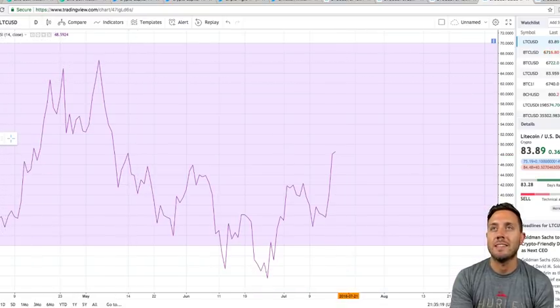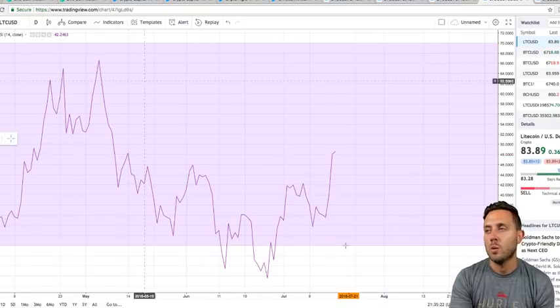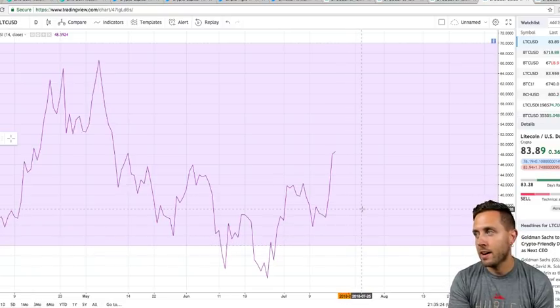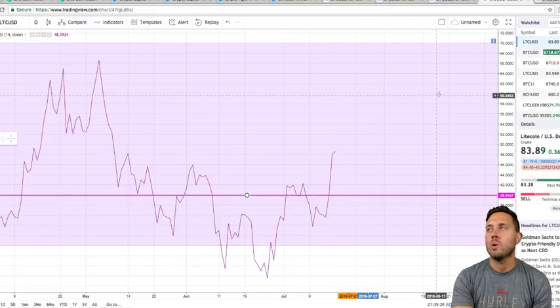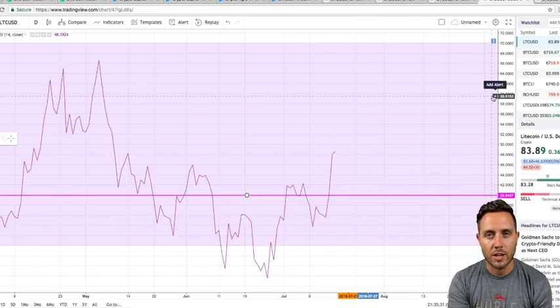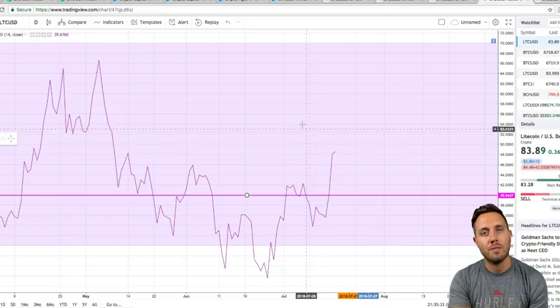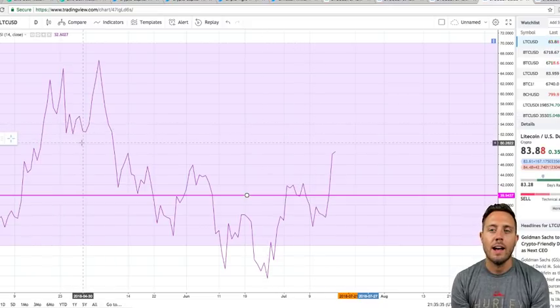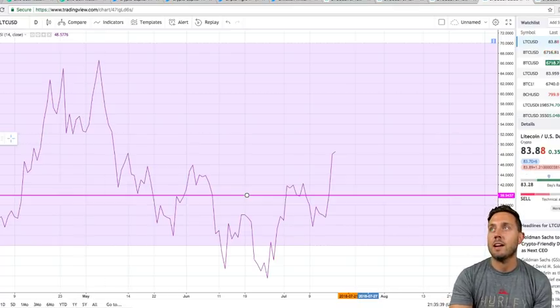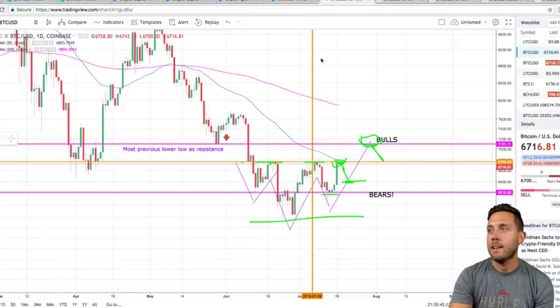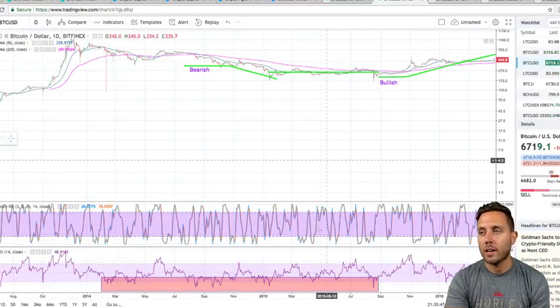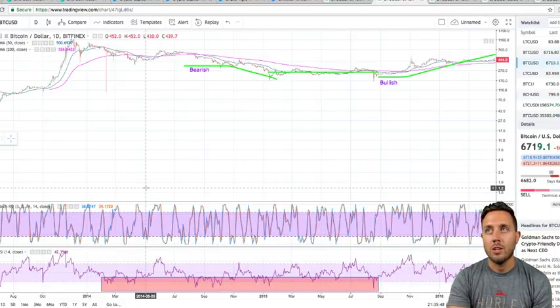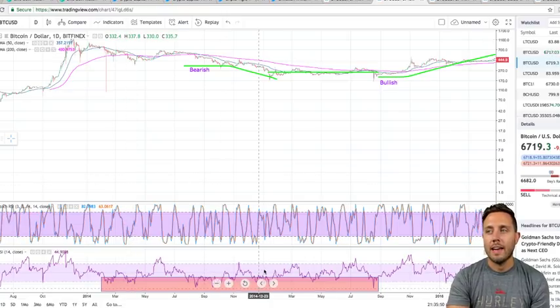Point out real quick on the daily on Litecoin, you can see we talked about the RSI. We talked about this 40 line, why it's important. That 40 to 90 area is generally where you'll see cryptocurrency trade in a bull market. So we want to stay above the 40, we want to see support at the 40. I saw a comment scroll by, a recap, and that's something I talked about. To paint that picture, you can go to the bear market back in 2014, 2015, and I highlighted it down here.